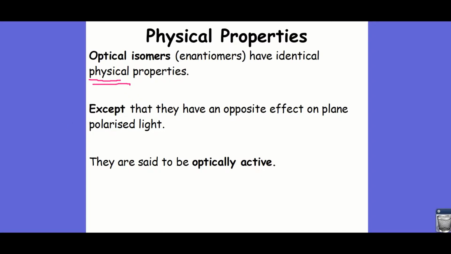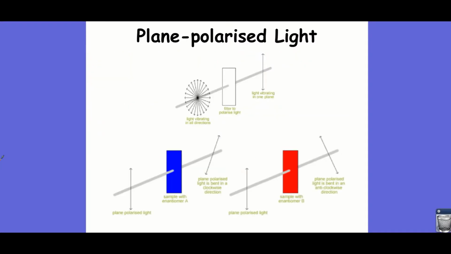We call enantiomers optically active. So if we have a wee look at what we mean, here we have a light source. And here we have a polarizer which produces plain polarised light.